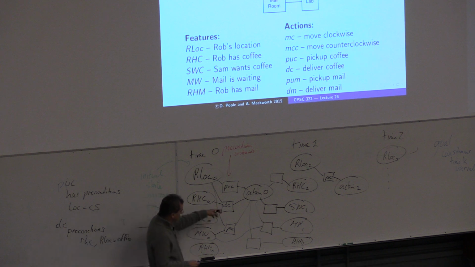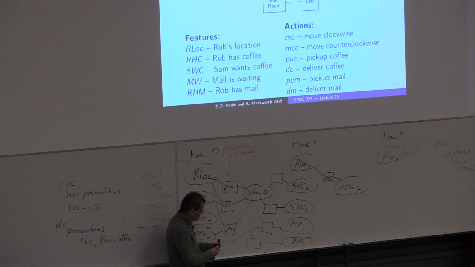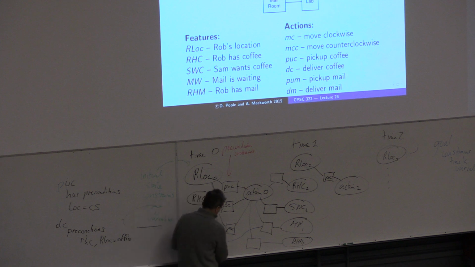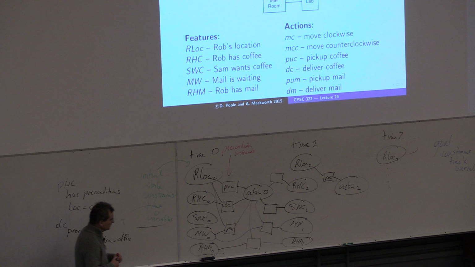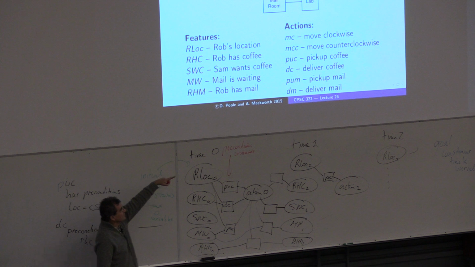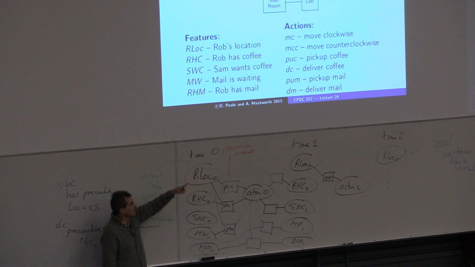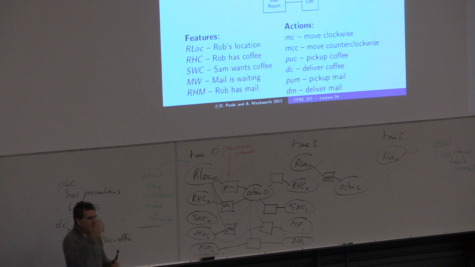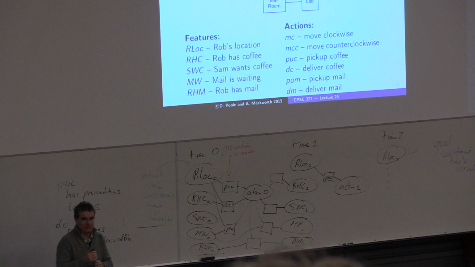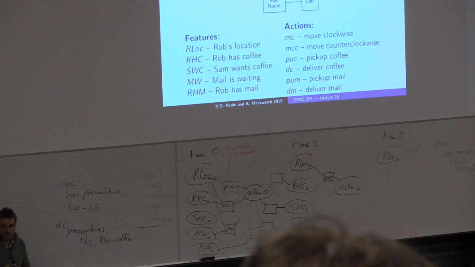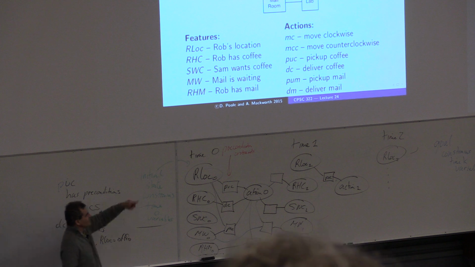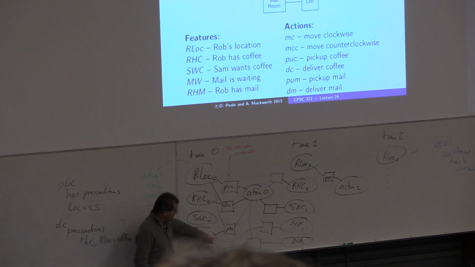Robot has mail if the robot had mail before and the particular action that we're having. Right, so remember the STRIPS assumption: we only wrote down the effects, but there was this implicit assumption about these so-called frame constraints. I think they're called frame constraints because of animation, as you have this background that doesn't change, and you just draw in what changes. So as you go from frame to frame, you're just redrawing what actually changes. That's why it's called the frame constraints.